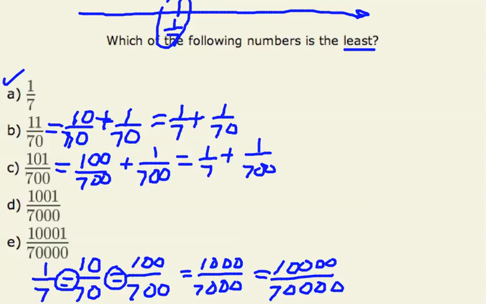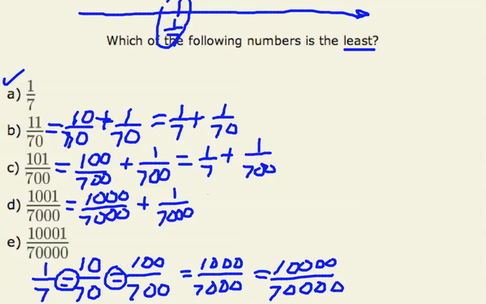And if I continue in this pattern, essentially looking at these numbers all in the same way, then I can see that 1/7 is in fact the smallest number. And the other numbers, although larger than 1/7, are getting smaller as we go down the list. So let's see, here's that.